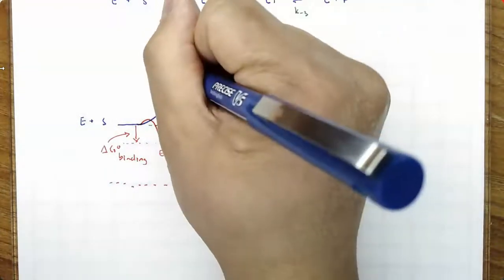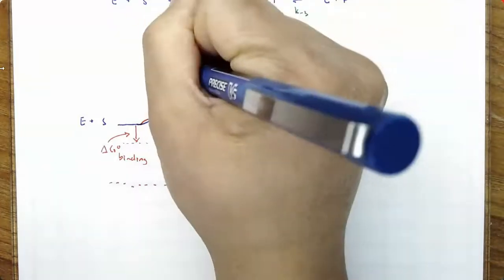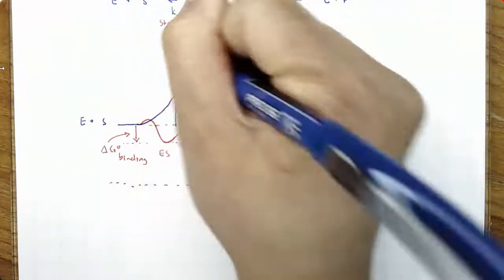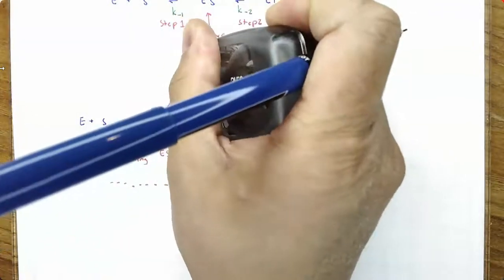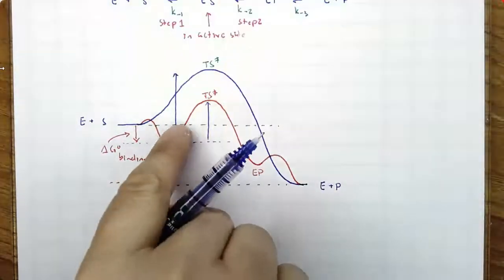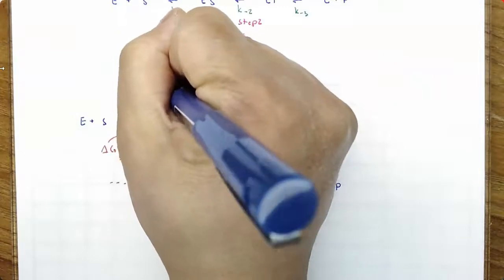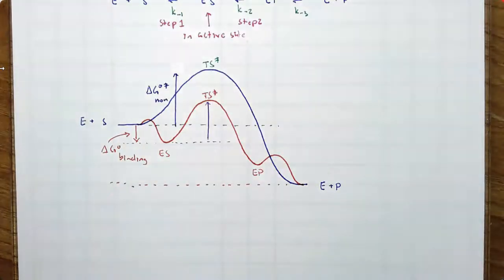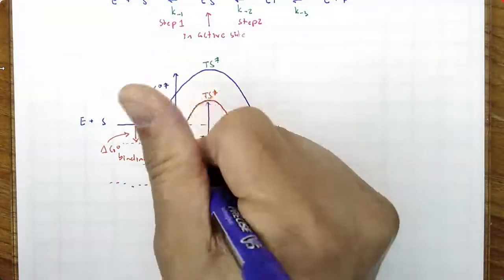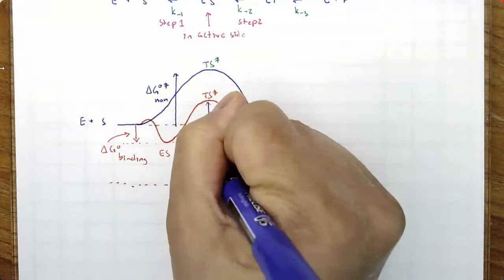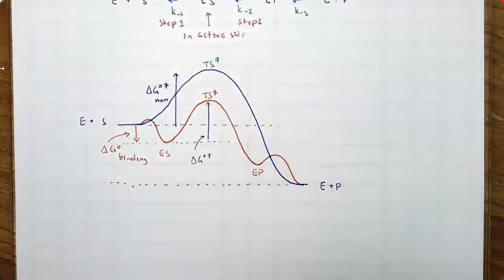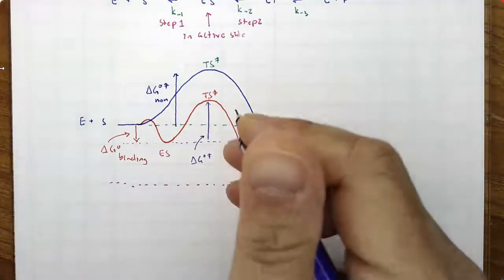I hope it is. Yeah, it's definitely right there. It's definitely shorter. So what did we call this before? We called this the delta G naught double dagger. And for this one, it is a delta G naught double dagger for the catalyzed process.